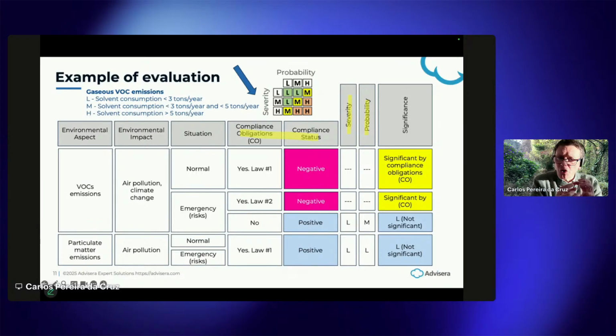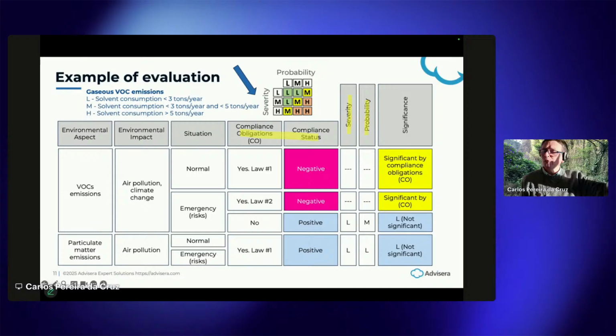So score or qualitatively judge each aspect against these criteria. Aspects that exceed your defined threshold become significant and must be controlled, monitored, and linked to objectives. So keep it simple, evidence-based, and consistent.